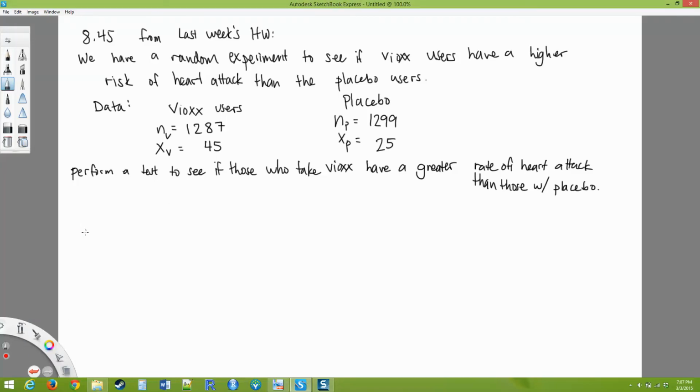So I've just rewritten our question into this form. And to align it with the types of questions you might see on next week's quiz, you might have a setup similar to this, and maybe I won't have the numbers nicely labeled like this. It might be written as a paragraph. But I will say, okay, given this problem, I want you to write the hypotheses.